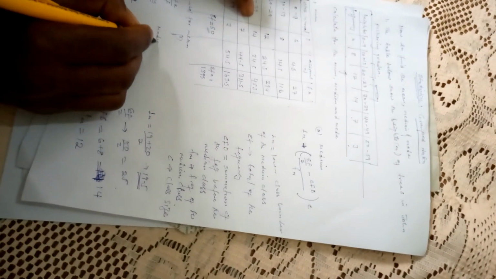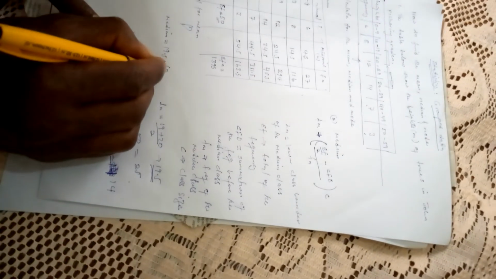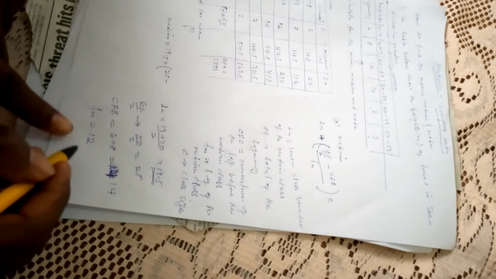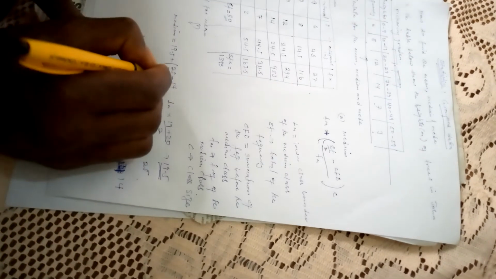The median is equal to 19.5 plus open bracket. If you divide this, we have everything here, 25 minus 14 all over FM, which is 12, into, whoa, we forgot C.